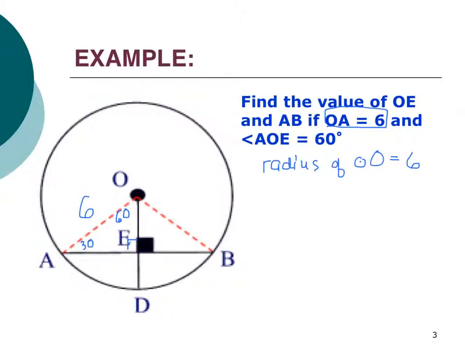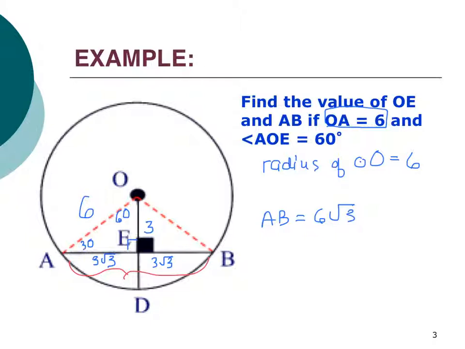This is a 30 degree. So I know that OE is going to be half of the hypotenuse. And we know AE is going to be 3 rad 3. But what it asked for was all of AB. So we just double that. So you have 3 rad 3 plus 3 rad 3. So AB will end up being 6 rad 3.